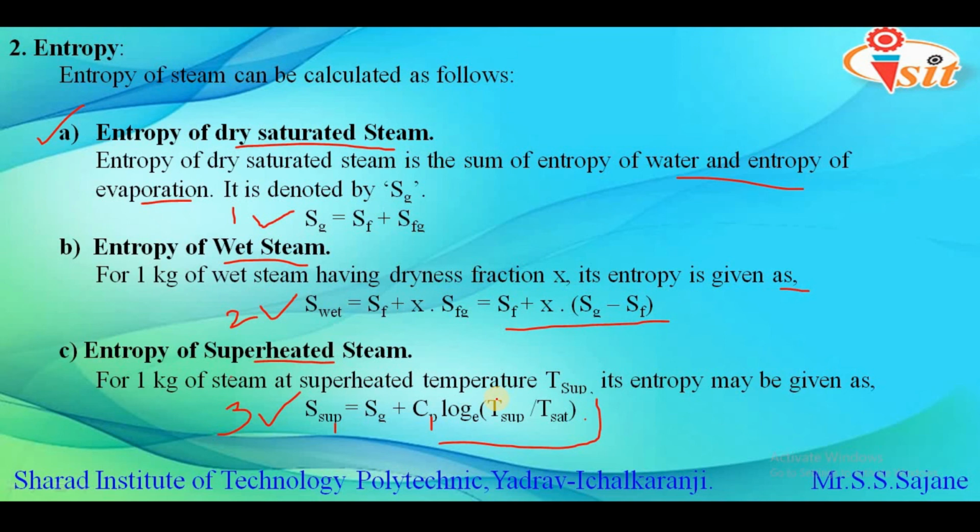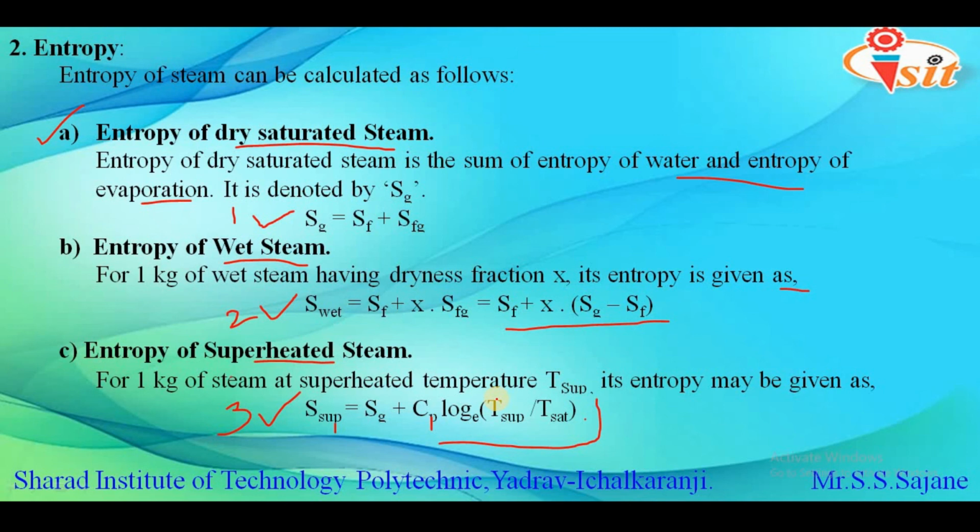So just note down this change: while calculating the entropy we are supposed to take the ratio of the superheated temperature and saturated temperature. This is only a little change in the calculation regarding entropy.